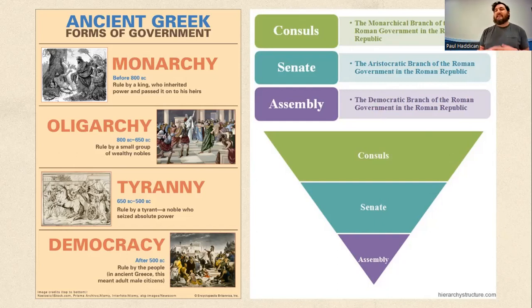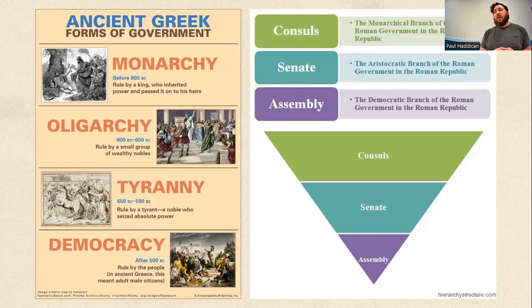And they are where we get the Senate from, right? You can see it here on the infographic. But they had three bodies, three political offices to help make decisions. And that's the consuls, who were the people in charge, essentially the emperor, the king or queen. This is before Caesar, so keep that in mind.